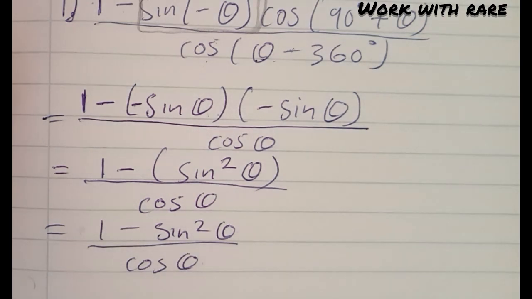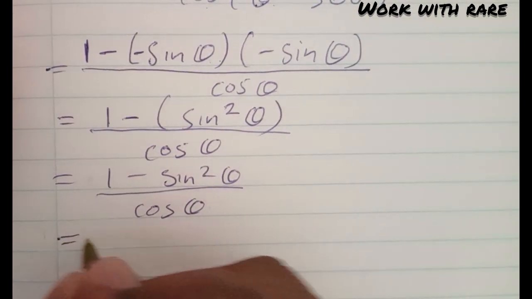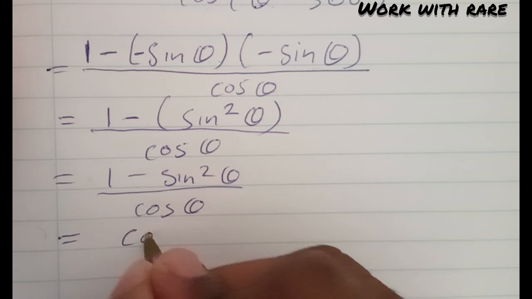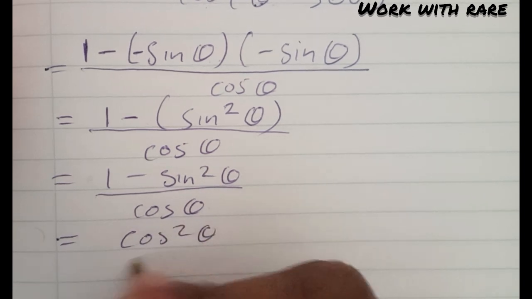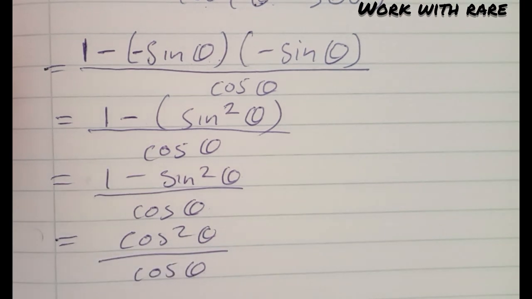Remember, sine squared plus cos squared is equal to 1. So if you make cos squared the subject of the formula, it will be 1 minus sine squared, okay? So we'll write this and say it is cos squared theta over cos theta, okay?